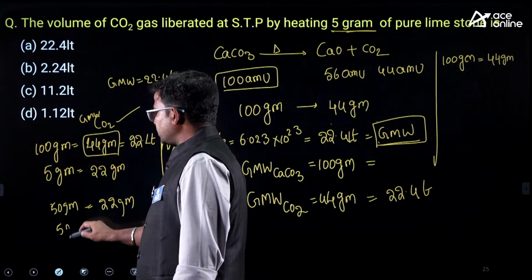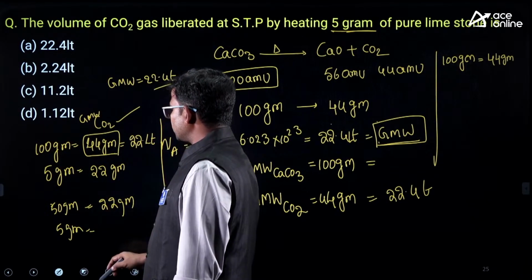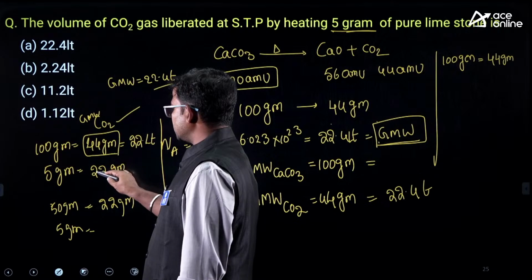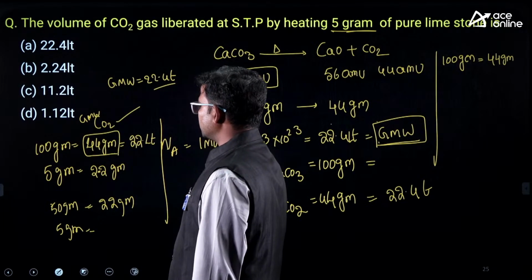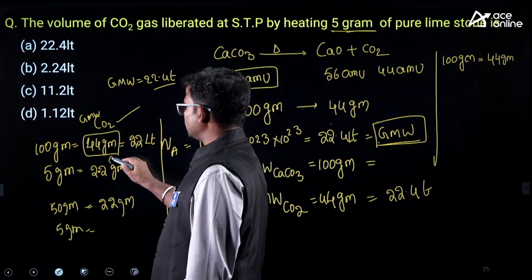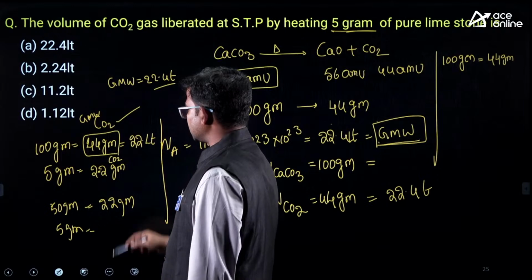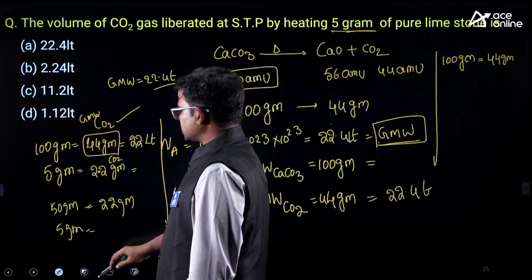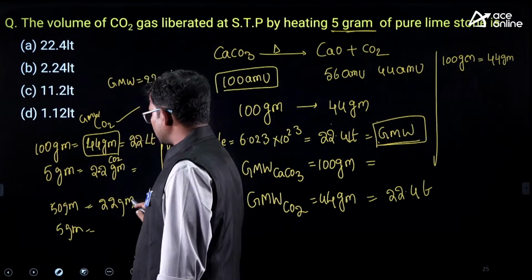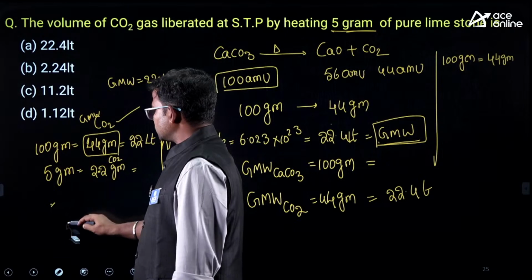So what about 5 grams? Divide by 10 here, and by 10 here also, then we can get 2.2 grams of carbon dioxide. In the same manner, we can apply this concept here also. Okay, so don't be confused.